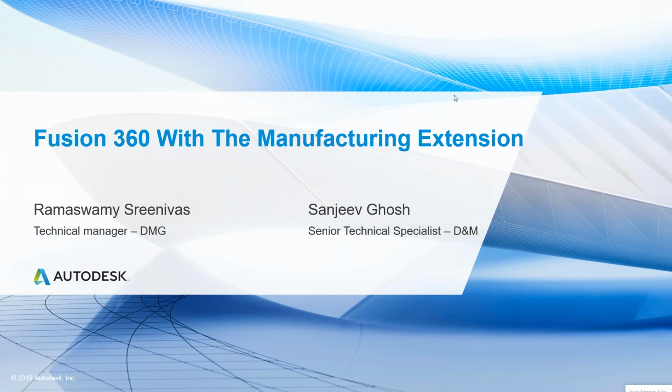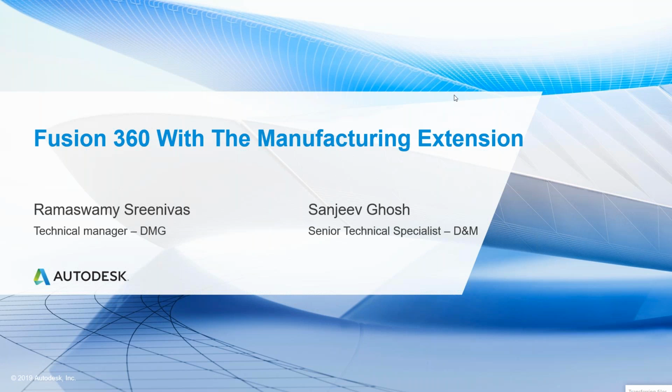So what we are going to do next is talk about something known as the manufacturing extensions for Fusion 360. And so again, the question I was putting to the audience: you have already invested in a tool like the product design and manufacturing collection, where you get HSM inside Inventor, or you are already a Fusion 360 user and you have a machine shop, and you suddenly get a job which needs more complex toolpaths and very specific kinds of editing capabilities.